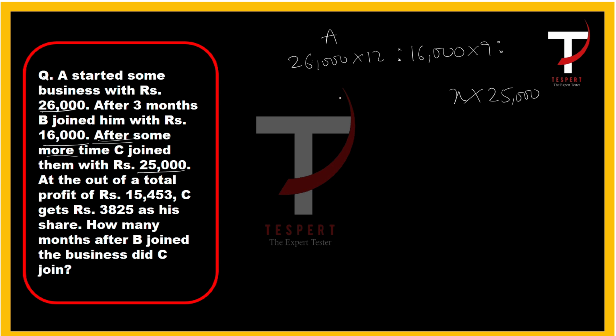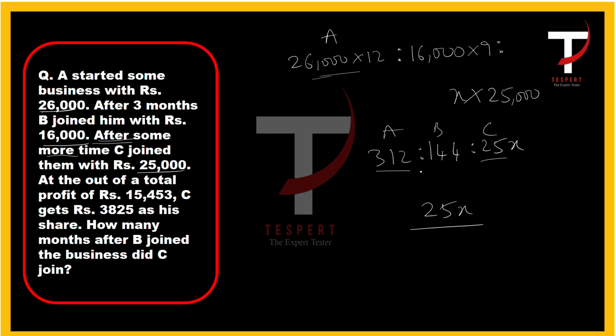First, take out the ratio. So 26 into 12. So if you calculate everything, you will get 312 is to 144 is to 25x, right? This is for A, this is for B, and this is for C. What is C's share? 25x divided by this complete 312 plus all the parts.